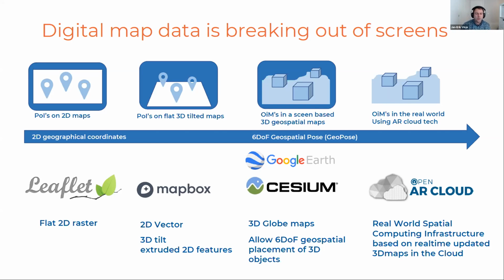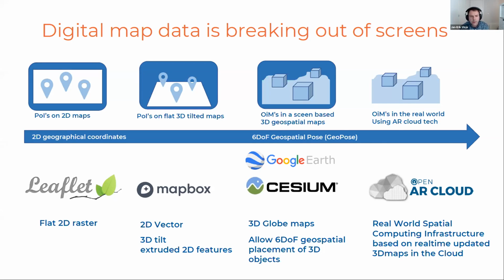Then there's an evolution towards vector maps, where, for instance, Mapbox has vector tiles. And you could also tilt those maps that are essentially flat, but by tilting the map, you get this intuition of the 3D aspects of distance. So things further apart come closer together.